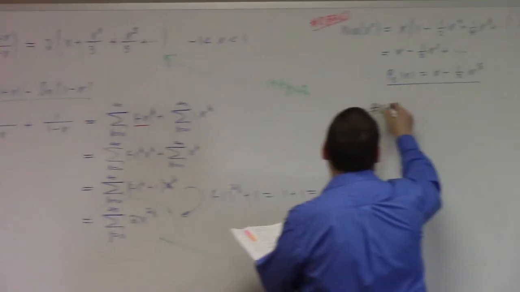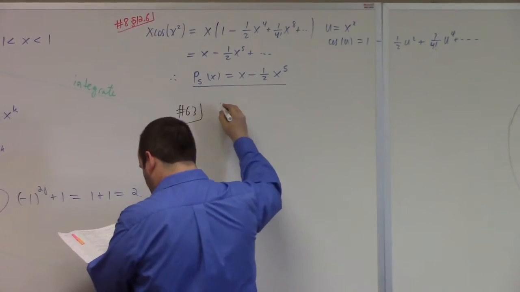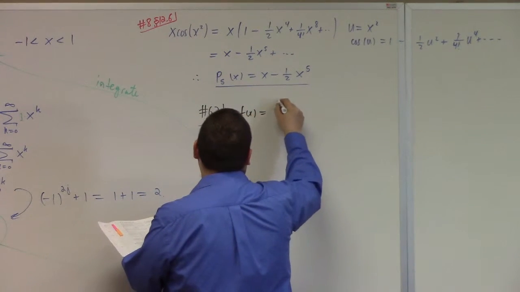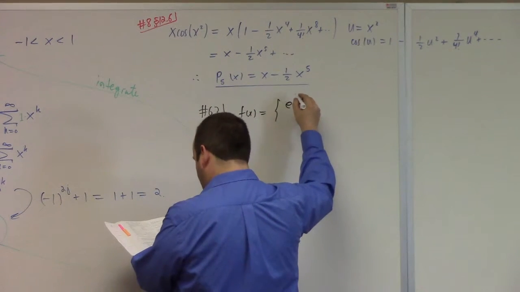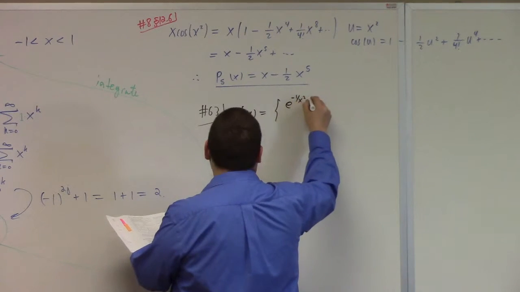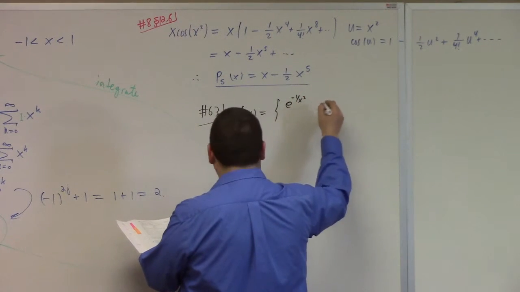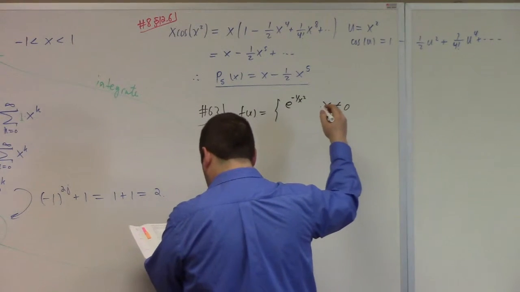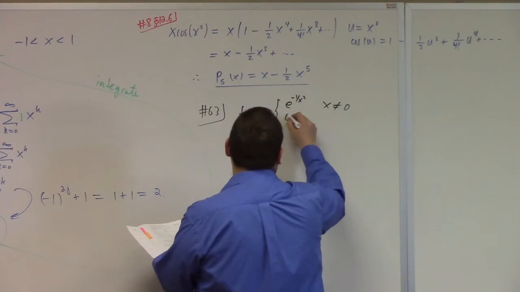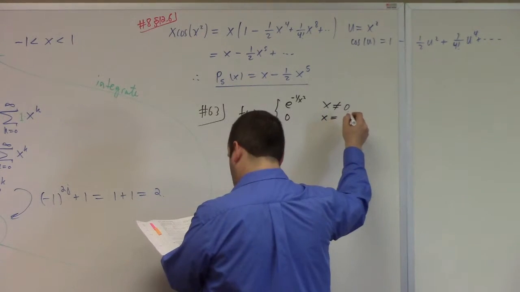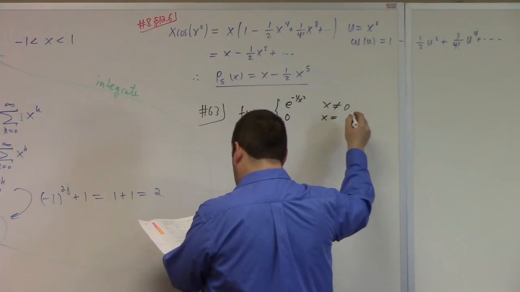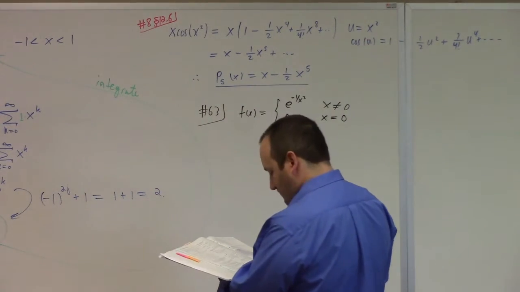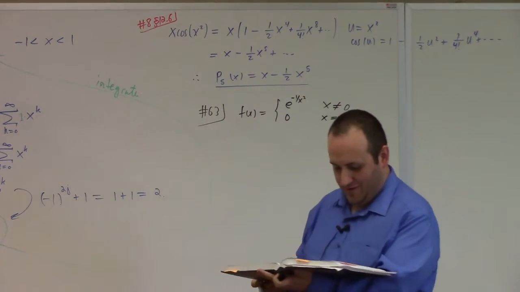I started this for you guys the other day. I drew the graph in class, right? Remember? This is the example of a function which is smooth at 0 but not analytic at 0. Oh, I'm sorry, actually it's slightly different. I'm wrong.